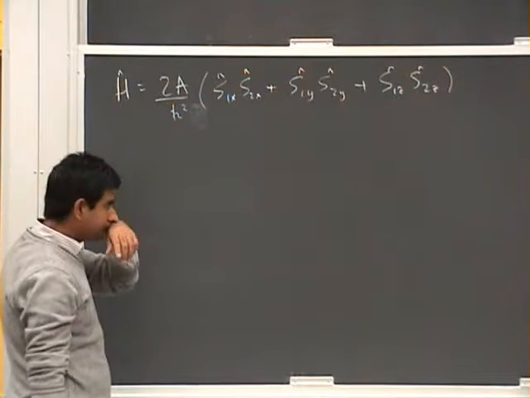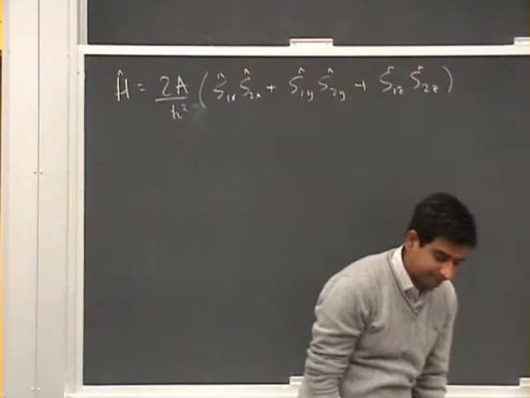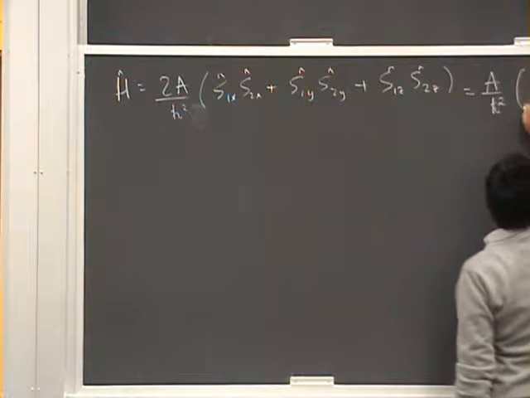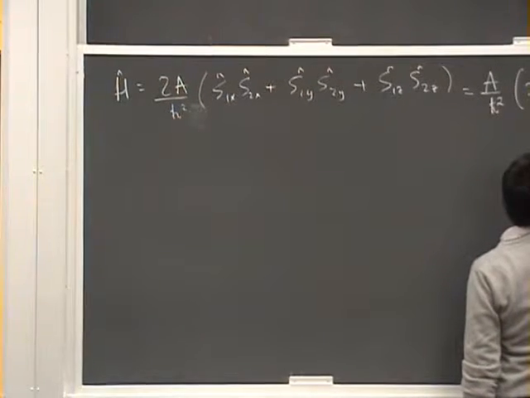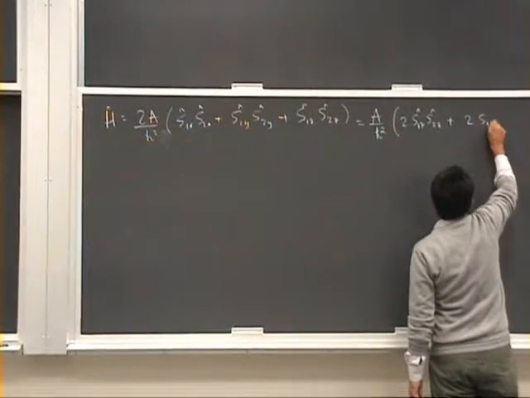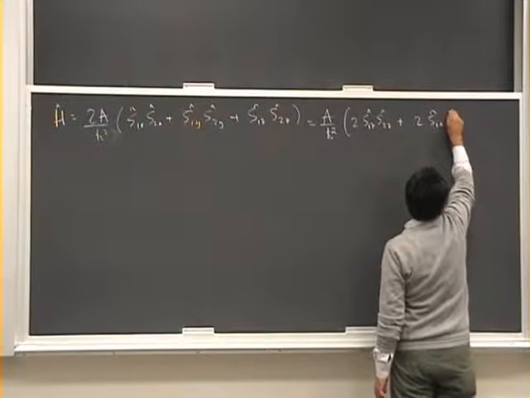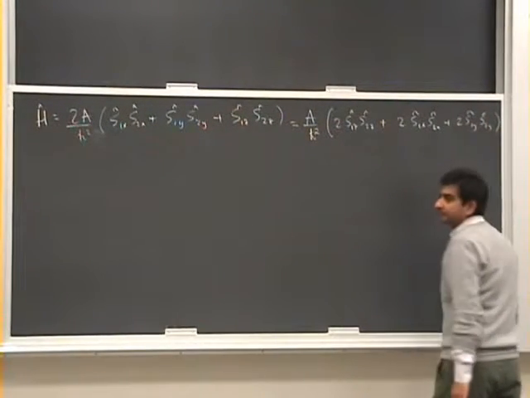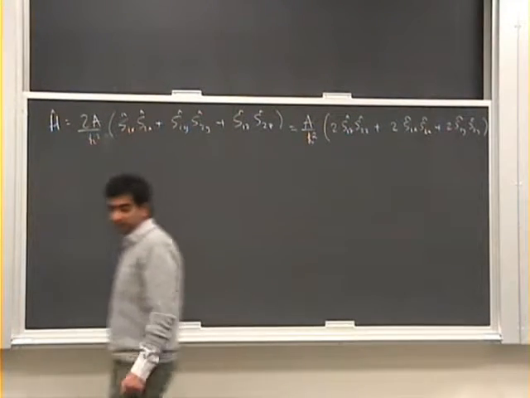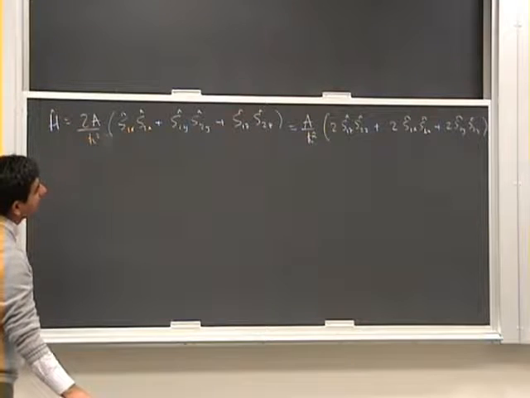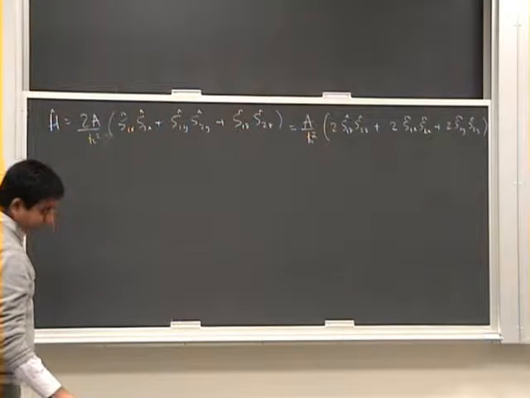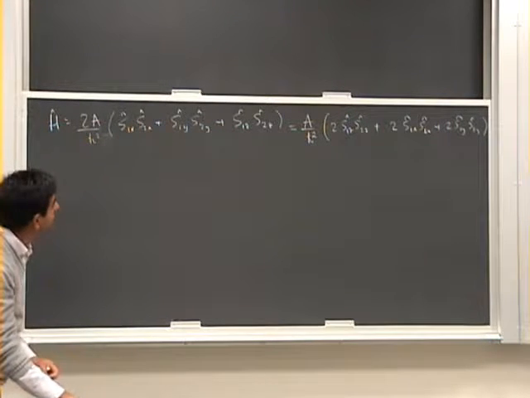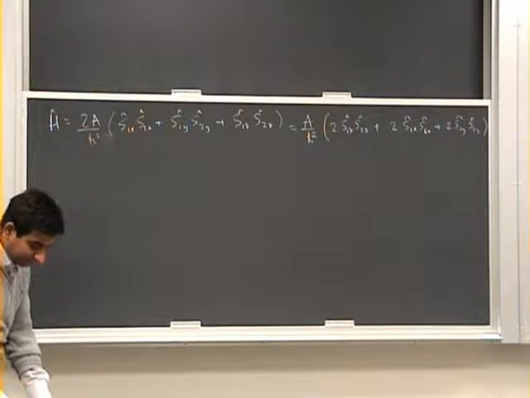So S1z S2z plus 2 times S1x S2x plus 2 times S1y S2y.